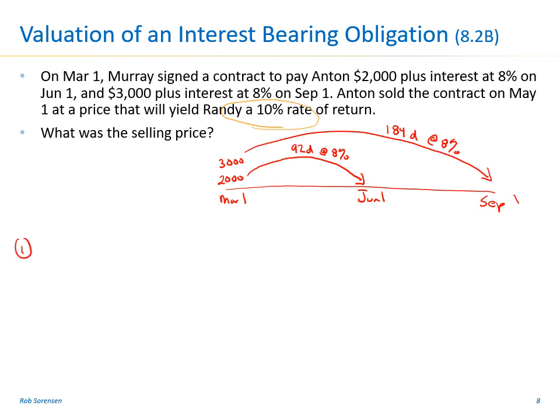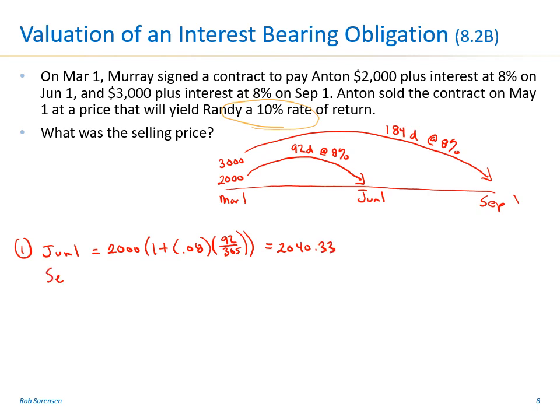So as our step one, let's work out the June 1st amount. That's $2,000 carried forward at 8% for 92 days. And that works out to be $2,040.33.